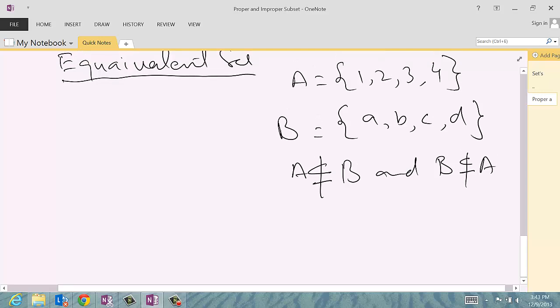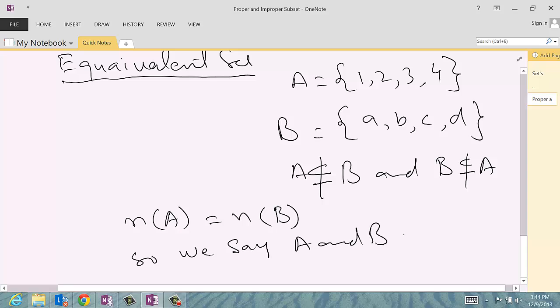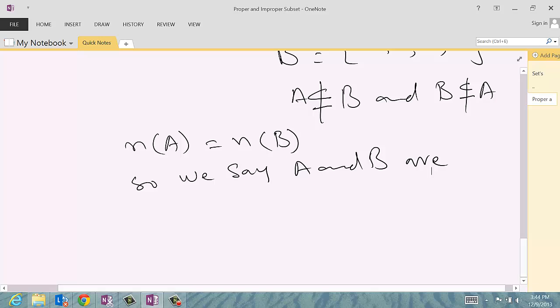But there is clearly one thing that we can say, that number of elements in set A is equal to 4 and number of elements in set B is also equal to 4. So that's where we say that two sets A and B are equivalent sets.